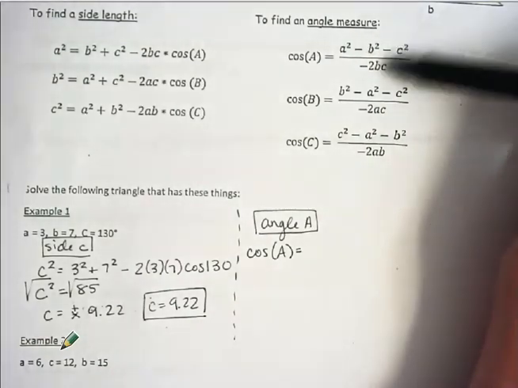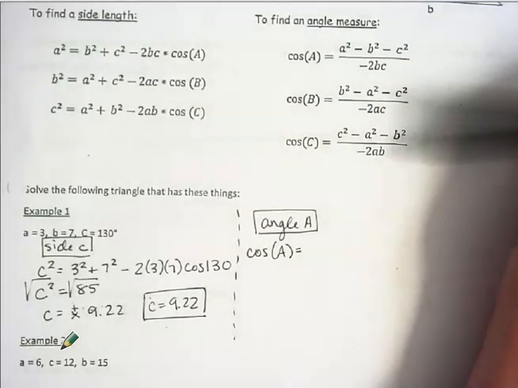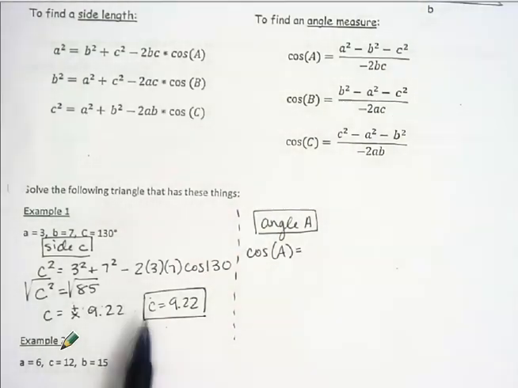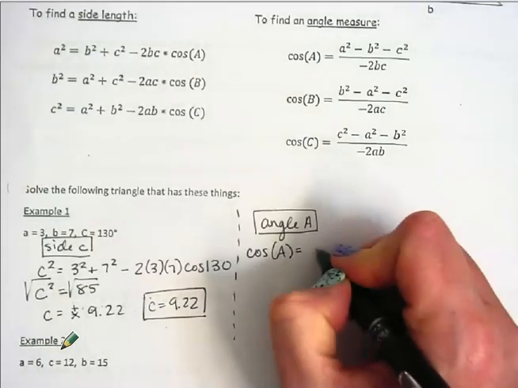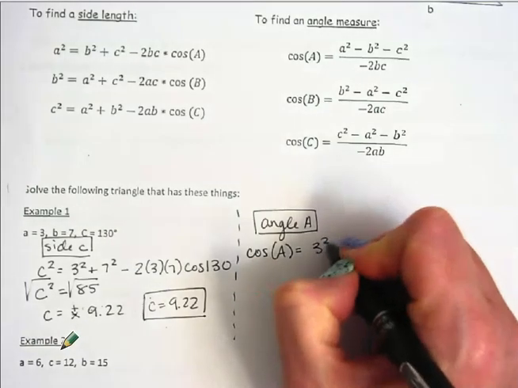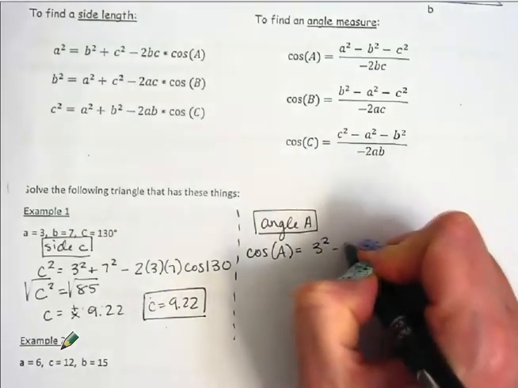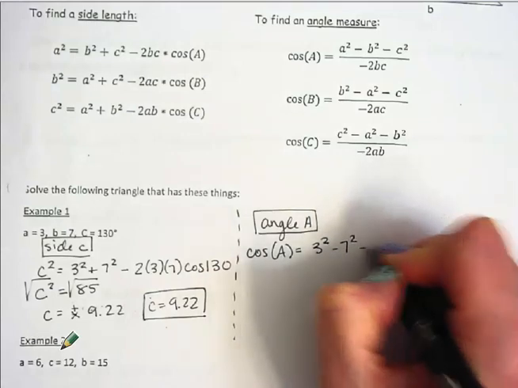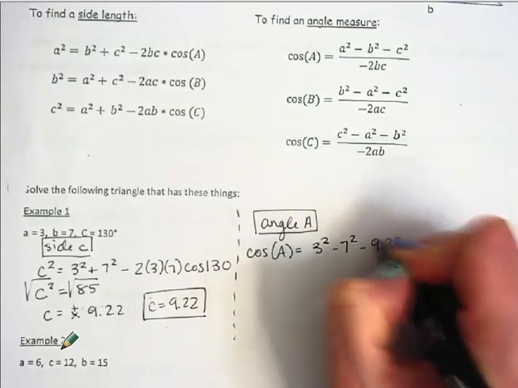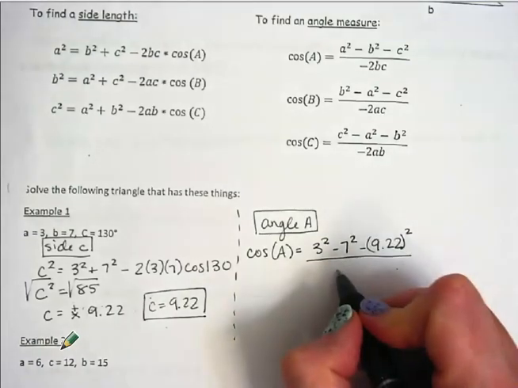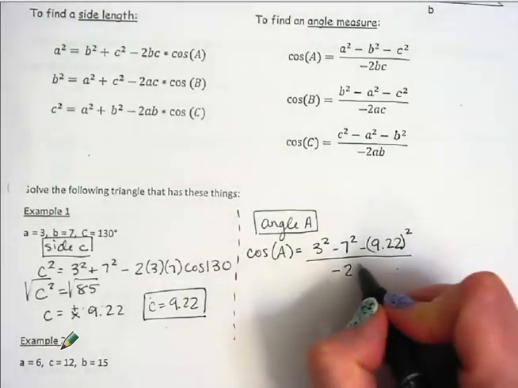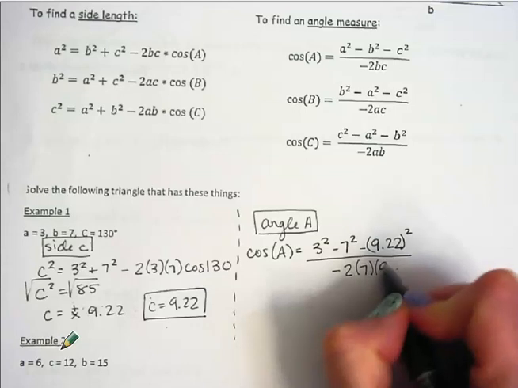You would need to know all 3 side lengths to use these successfully. And because we just found C in this previous step, we have all of them. So everywhere I have an a, I'm going to plug in 3, 7 for b, 9.22 for c, and then on the bottom, negative 2 times b times c.